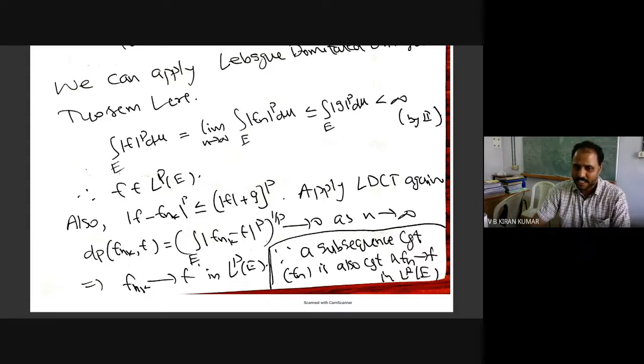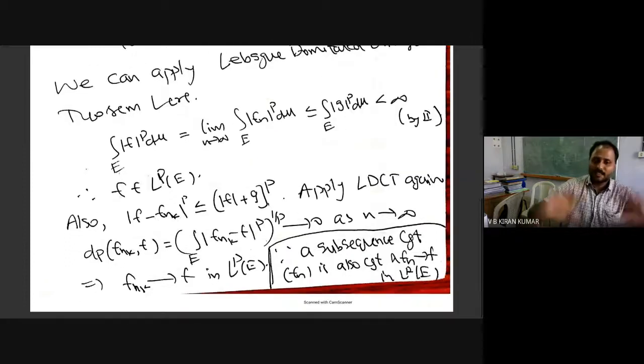Therefore we can say that this subsequence converges to f in L^p. We started from a Cauchy sequence, and we obtained a subsequence of that Cauchy sequence which converges to some f in L^p. Remember, this convergence is with respect to this metric. Do you agree with that?